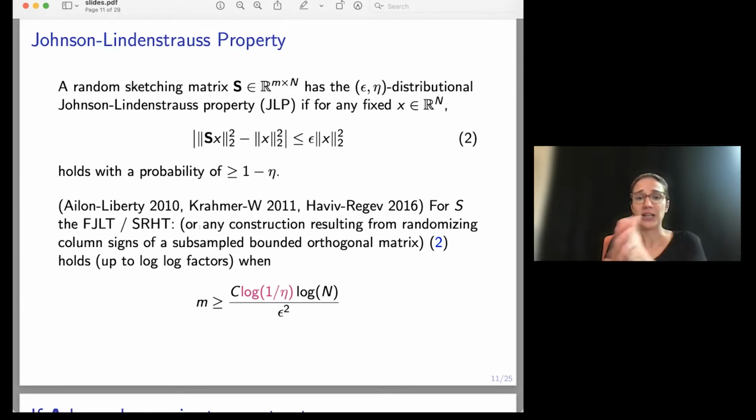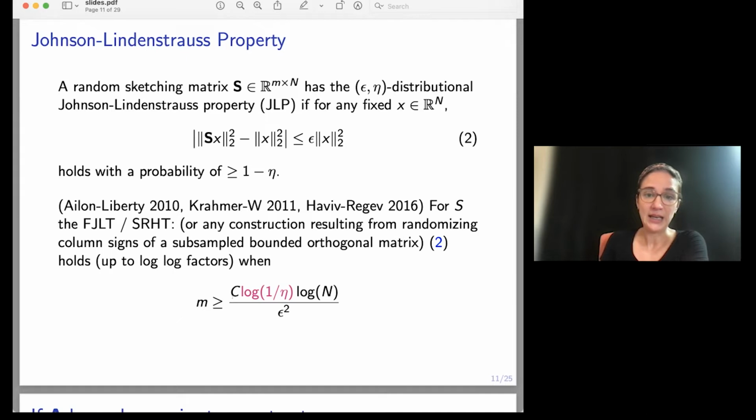In this line of work, they actually considered a more general class of fast sketching matrices where the orthogonal Hadamard or Fourier matrix can be any bounded orthogonal matrix, and even more general, including convolutional matrix structures that satisfy a certain restricted isometry property.